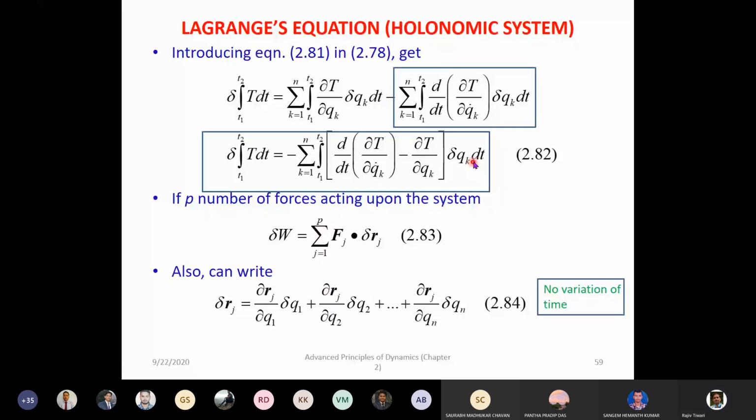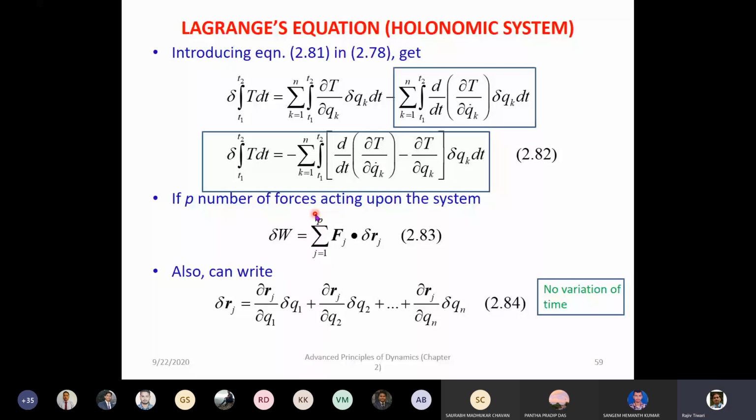Now we'll see the external force. So let us say P number of forces are acting on the system. We have n number of generalized coordinates, but let us say we have P number of forces acting. These are the actual forces acting on the system.